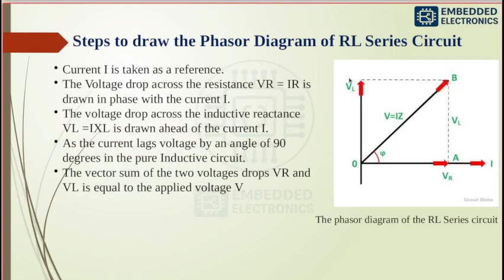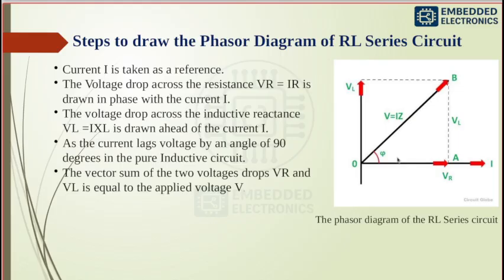So this is the phasor diagram. Here also we need to take current as a reference. The voltage drop across the resistance, VR, is drawn in phase with the current. Next is the voltage drop across the inductive reactance.